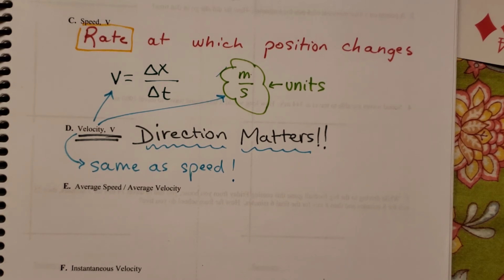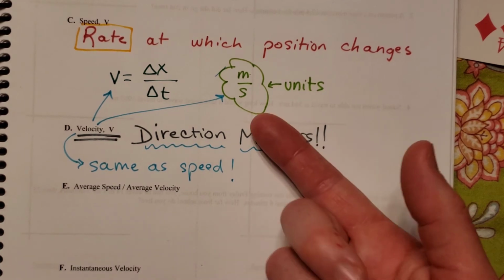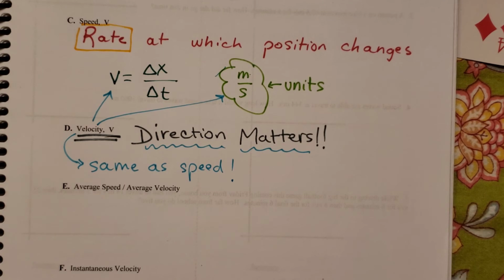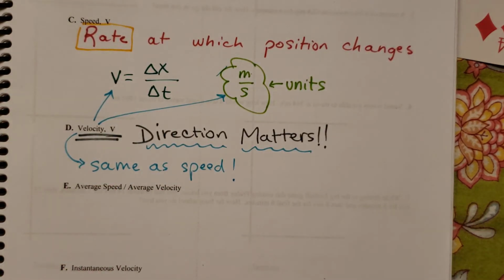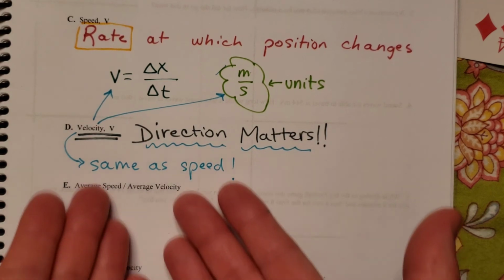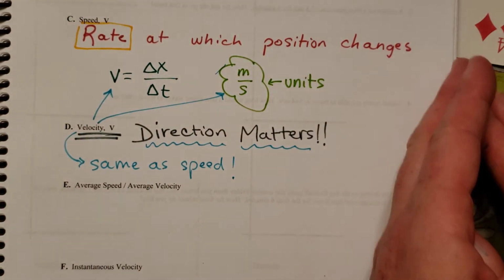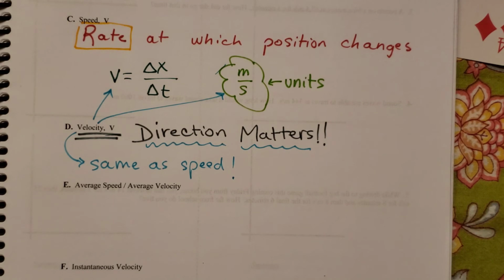And, well, what speed were you going? I was just going 45 miles per hour. Or, hey, I need you to get on the belt line and drive, and the whole time you're driving, drive 55 miles per hour. But which direction? Am I going one way or the other? This is especially going to matter as we start talking about objects moving maybe in two directions, because maybe for a portion of time it's moving south and then suddenly it starts to move east at another rate.